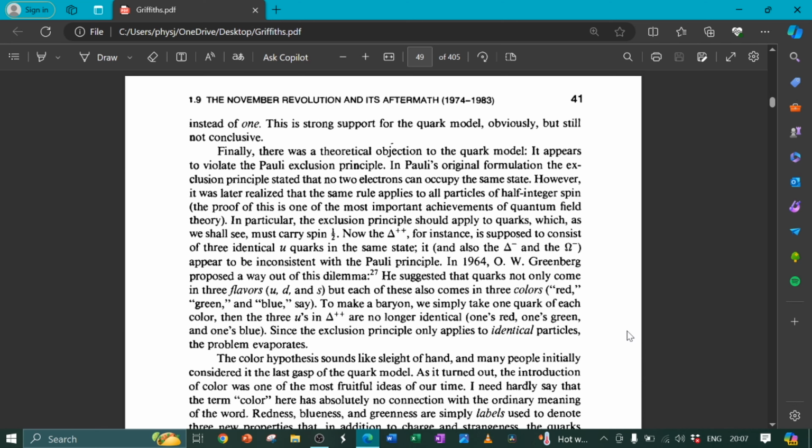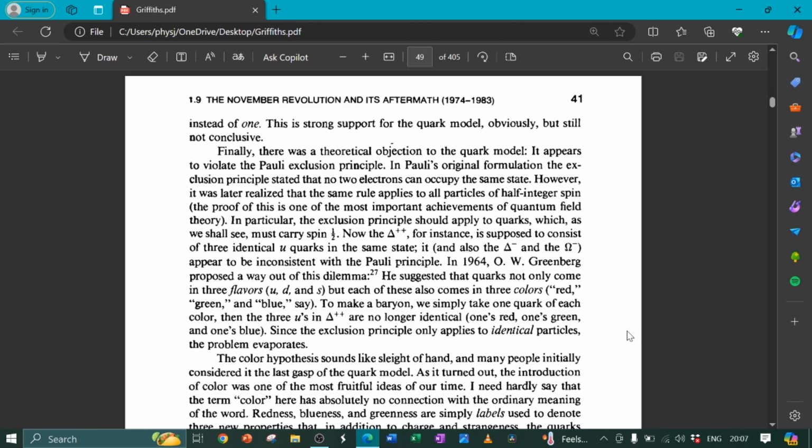In Pauli's original formulation, the exclusion principle stated that no two electrons can occupy the same state. However, it was later realized that the same rule applies to all particles of half-integer spin. The proof of this is one of the most important achievements of quantum field theory.